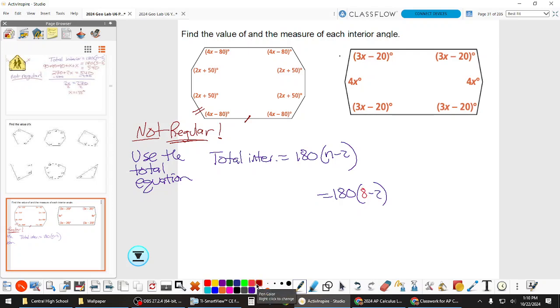This left side is how we get them. How do we get all those total degrees? Well, do you guys see that we have 4 of these? 1, 2, 3, 4. And 4 of these.